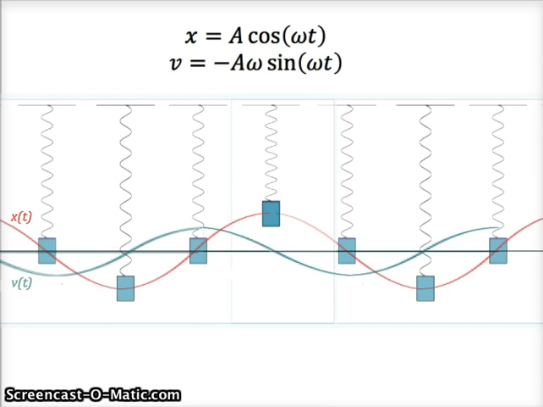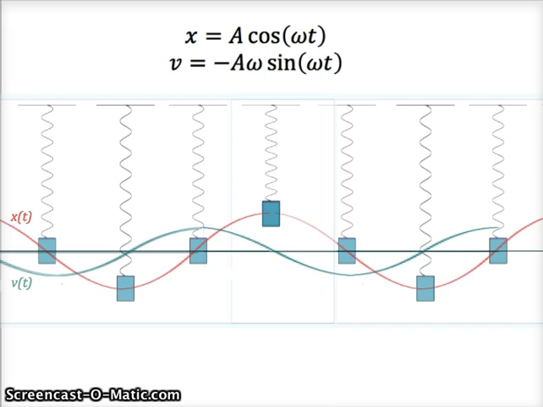Omega is just going to be a constant number that describes the rate at which a particular object is oscillating. And so that constant number times t, when I take the derivative, is just that constant number. And so that's why this omega shows up here.